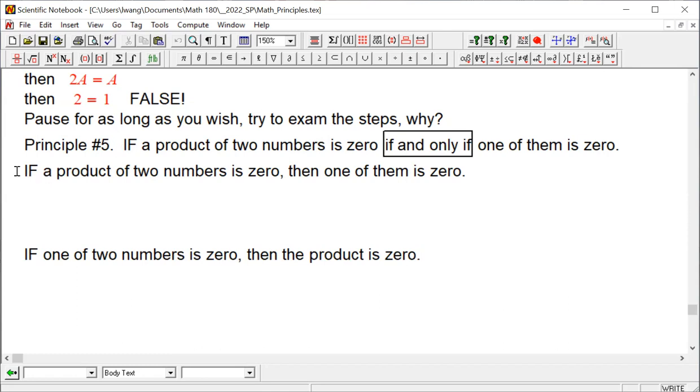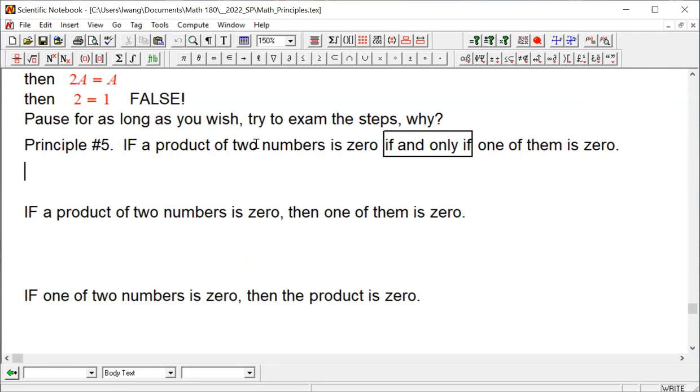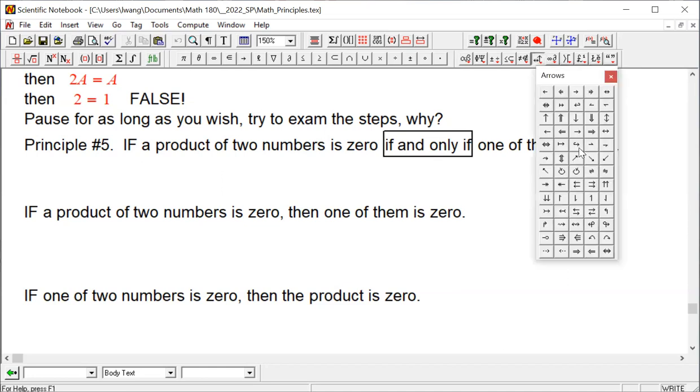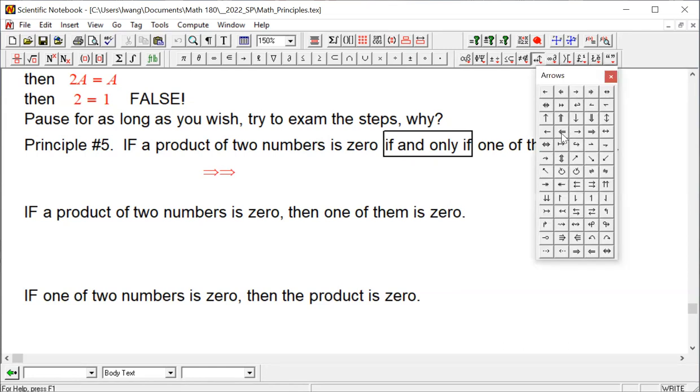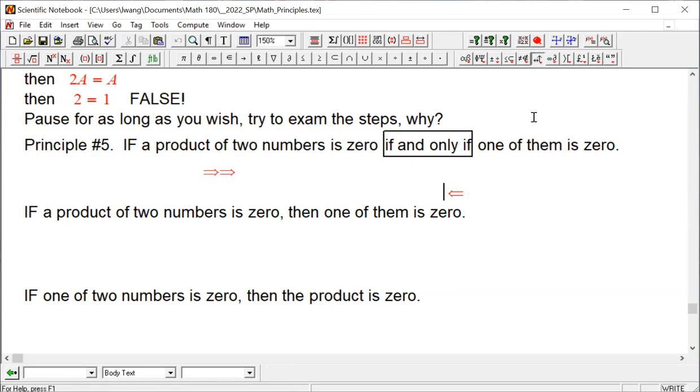The first if statement is going from left to right. The other one is from right to left. When we do from right to left, then we get the next statement.